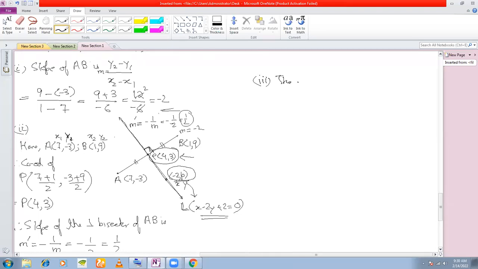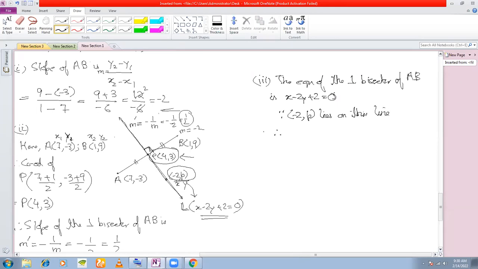The equation of the perpendicular bisector of AB is x minus 2y plus 2 equal to 0, right? And they have said that minus 2, p is a point on this. So since minus 2, p lies on this line, therefore, what can you say?